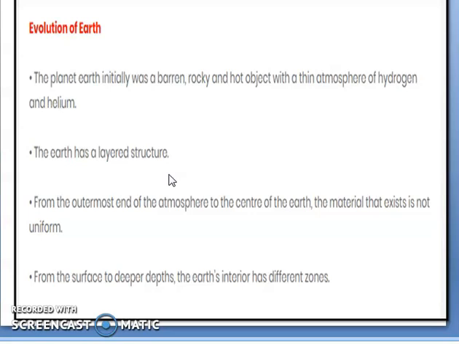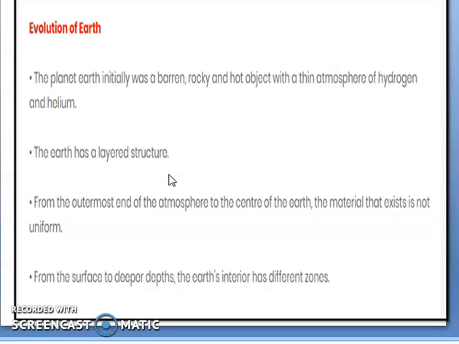Their density is different. For example, the atmosphere has very low density, whereas in the interior of the Earth the density is higher. So according to density, these differences occur in the Earth.